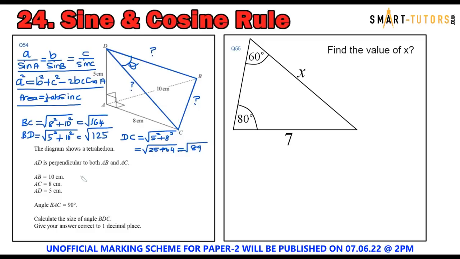Now I'm going to use the cosine rule. How to use the cosine rule? Always start from the side opposite to the angle. So BC squared is the starting point. BC squared equals the other two squared: BD squared plus DC squared minus 2 times BD times DC times cosine theta, right?